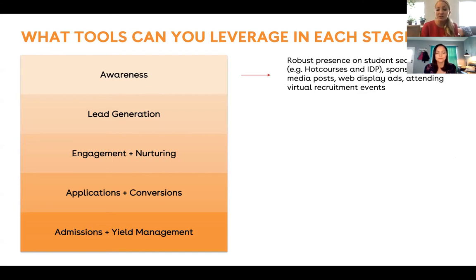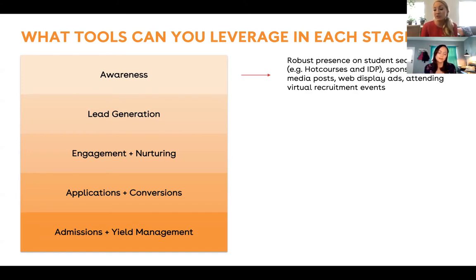We know that students are starting their journey online with broad searches for the best programs and the best institutions, and it's highly unlikely that your institution is showing up in the top of those search results. Rather, it's college search aggregators such as our Hot Courses and IDP sites that are showing up first in those results.